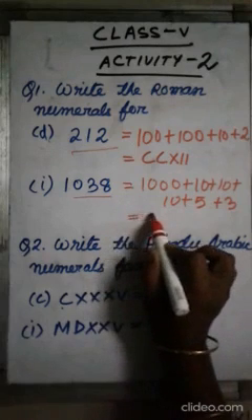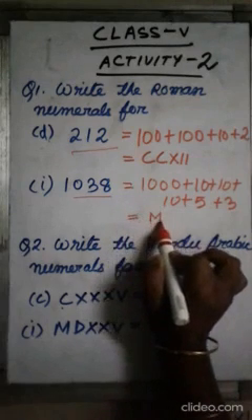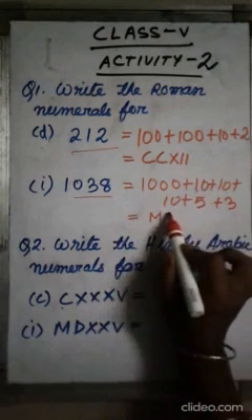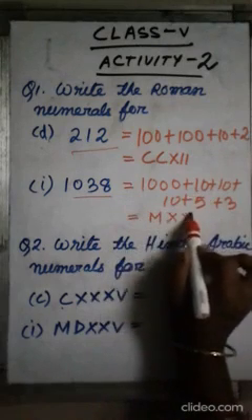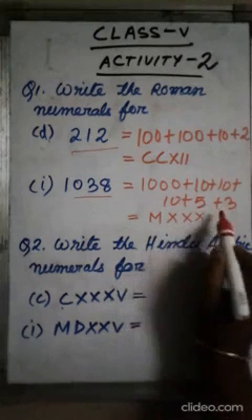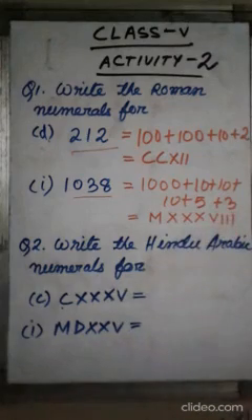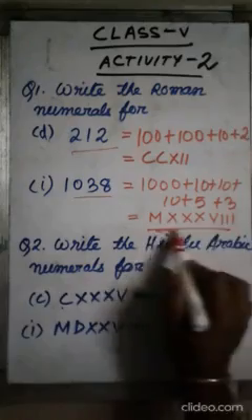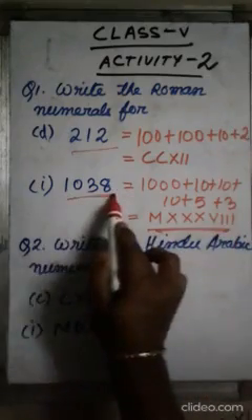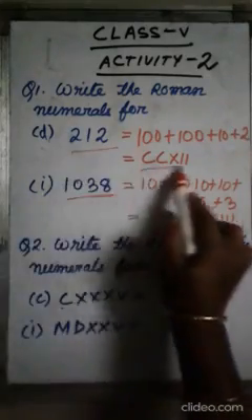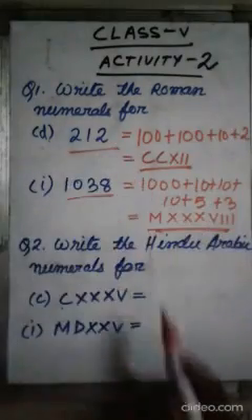For 1000 it is M. For 10, for 10, for 10, for 5, and for 3, 1, 2 and 3. So this is the Roman numeral for 1038 and this is the Roman numeral for 212.